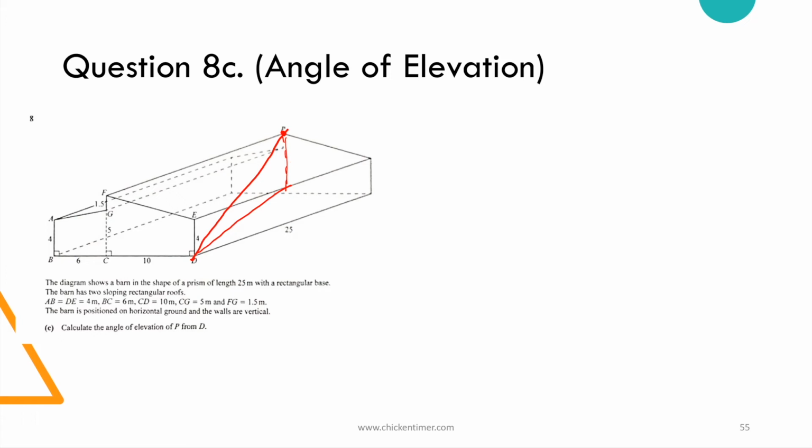So the foot of the perpendicular from P, we call it X. And this point is the same as this point here. It's a rectangle, so that means there is 10 meters here.